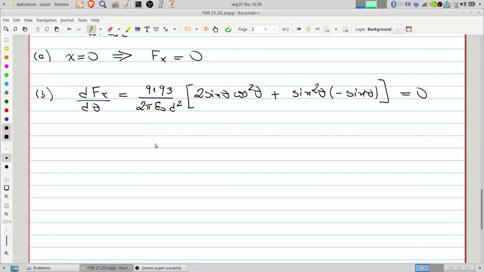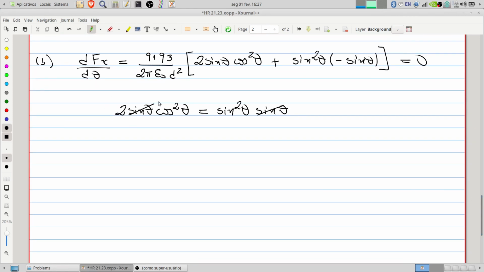Therefore, we will have 2 sine of theta cosine squared of theta equals sine squared of theta sine of theta, and this cancels.